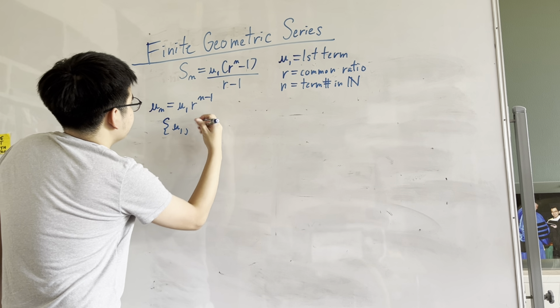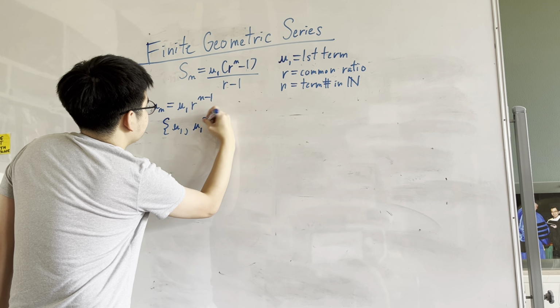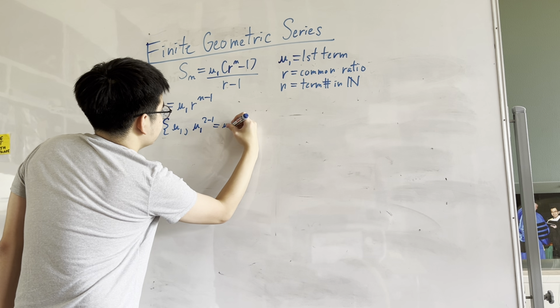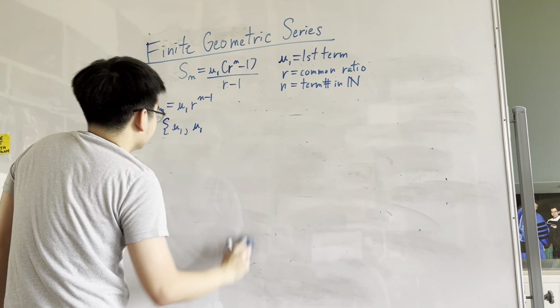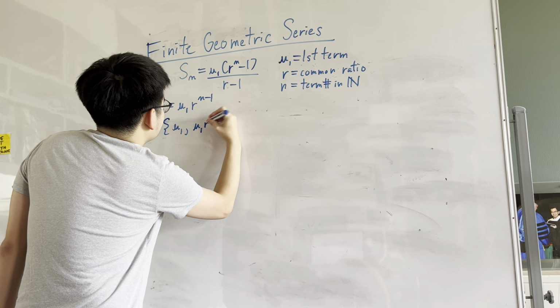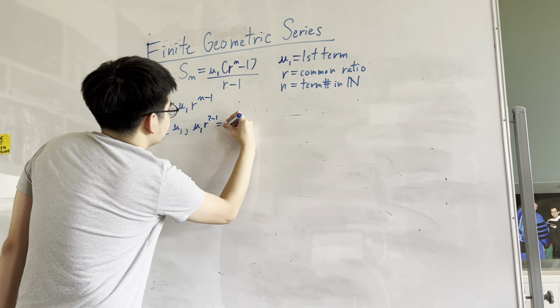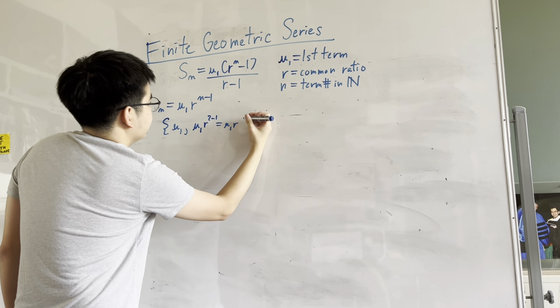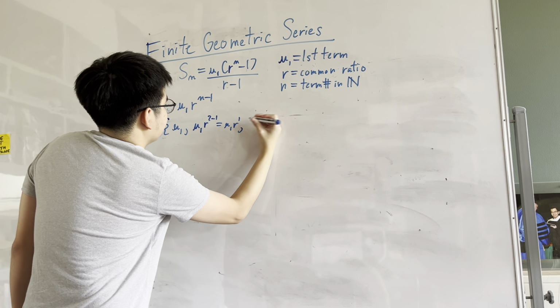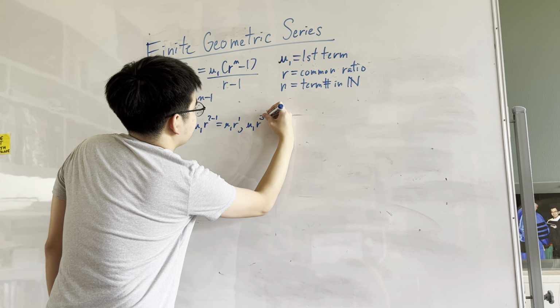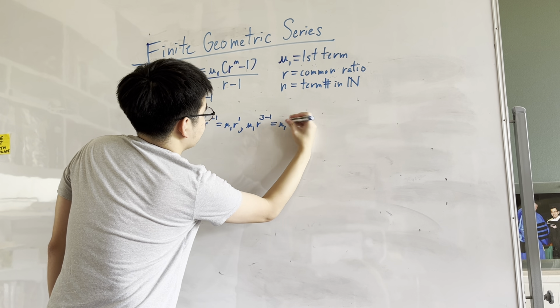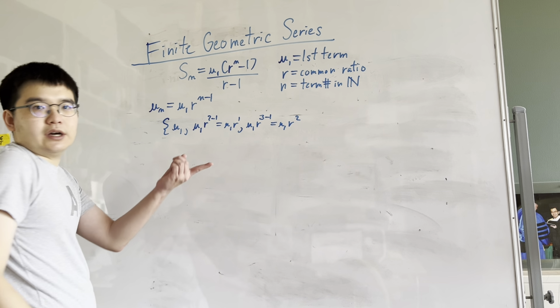If I get n equals 2, I get u sub 1 r to the 2 minus 1, which is u sub 1 r. If I do it again, for n equals 3, I get r to the 3 minus 1, that becomes u sub 1 r squared, and then you see the pattern, right?